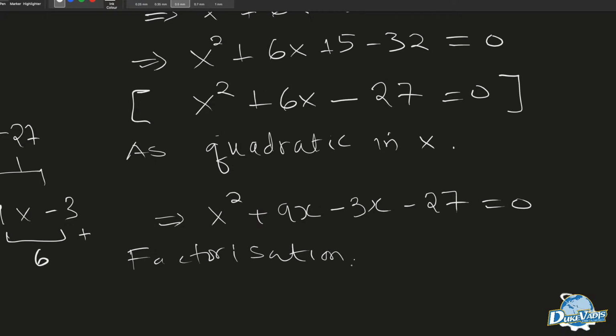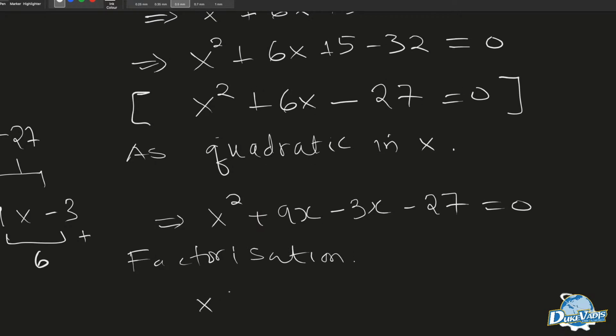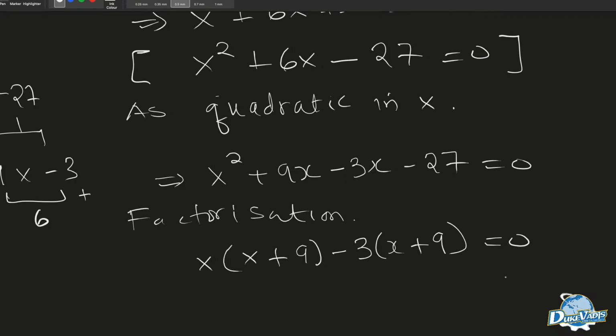So when we factorize, we bring our x out, we have x plus 9. And here we minus 3, x plus 9 again is equal to 0. If you do your factorization very well, you're always going to have common values that repeat themselves. So here we have x plus 9 and x plus 9, which is common to both.